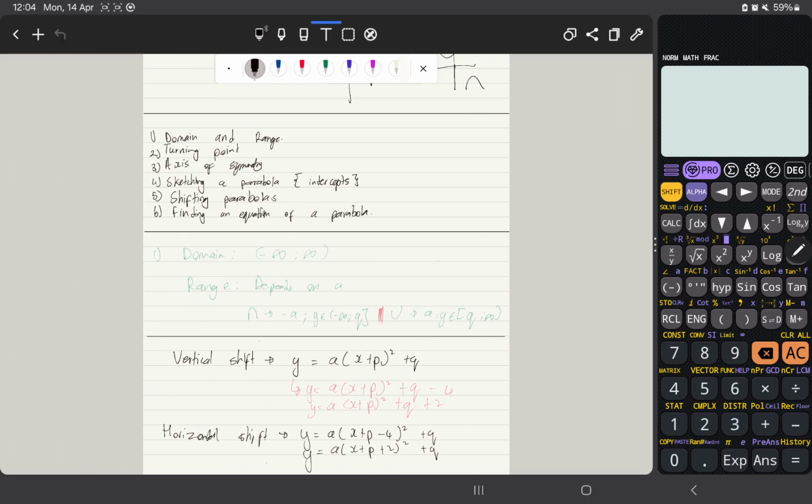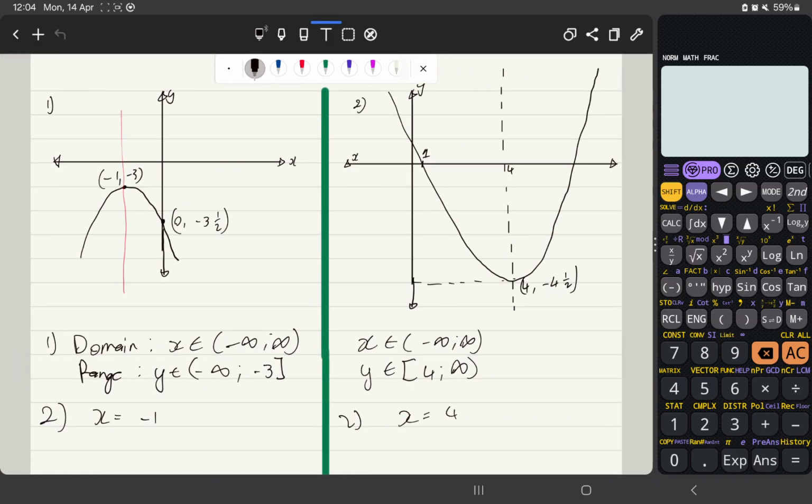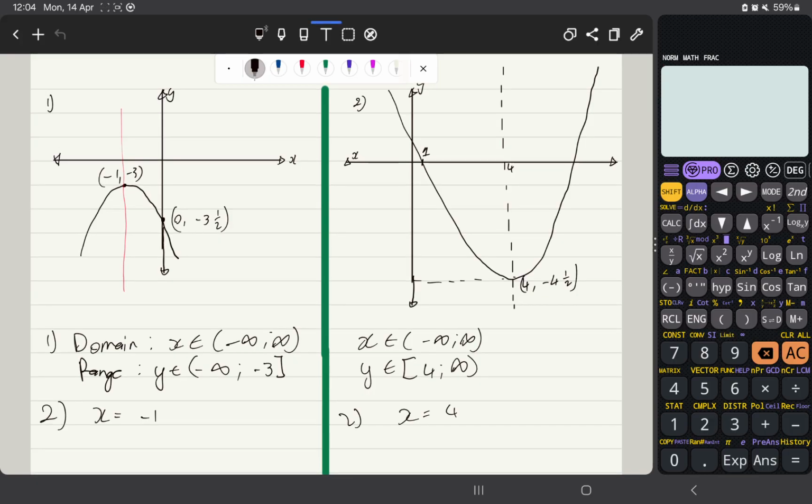Let's talk about the other sketching. We are not sketching because it's already been sketched, and shifting parabolas. This is just going to be a lot of work, and I think even a grade 8 kid can shift this graph however many units to the left or to the right.